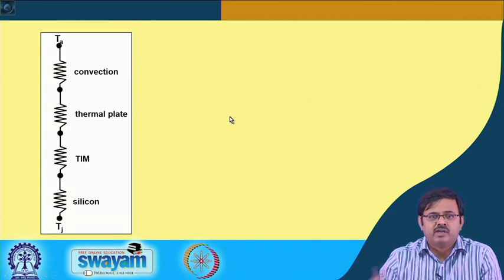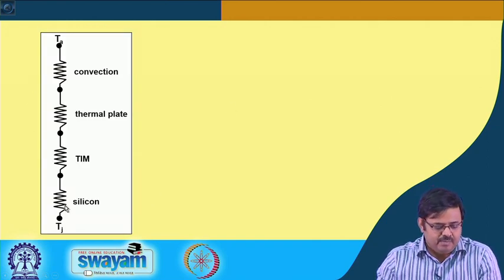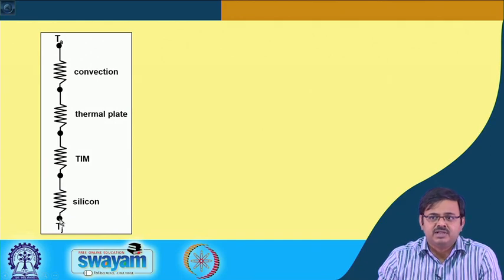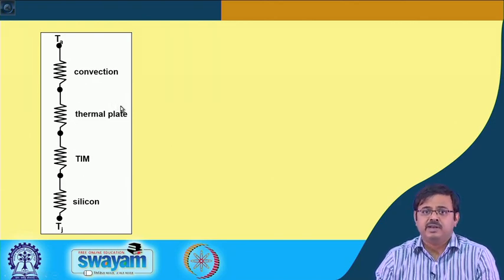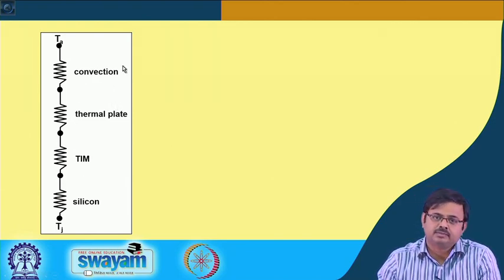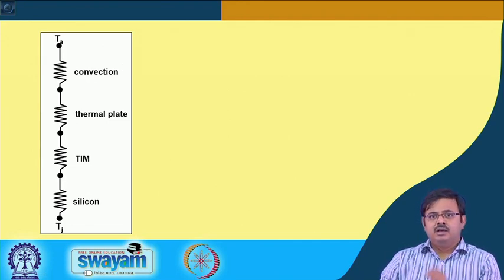Agree? So, I will draw a resistance network like this. My Tj is the junction temperature or the die temperature, and then I have a thermal resistance because of conduction through silicon, then another thermal resistance because of conduction through TIM, then a thermal resistance because of conduction through the copper plate, and then convection. Agree?